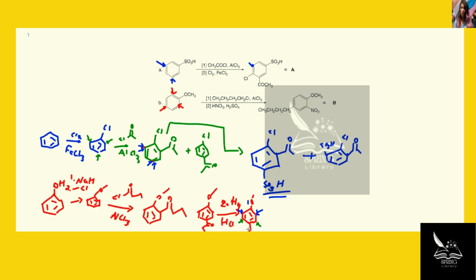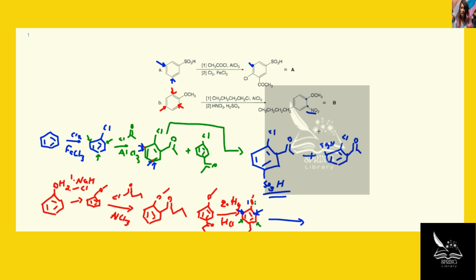Because this oxygen atom has lone pair electrons and donates through resonance, it is a stronger directing group. So our addition is going to occur on one of these 2 carbons, which is what we want. We want this nitro group to be ortho to this methoxy group.